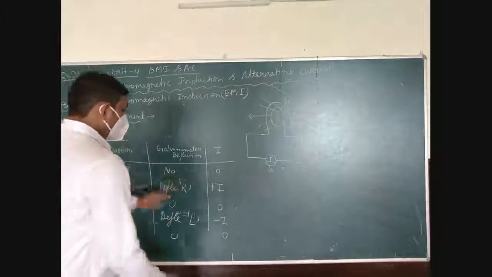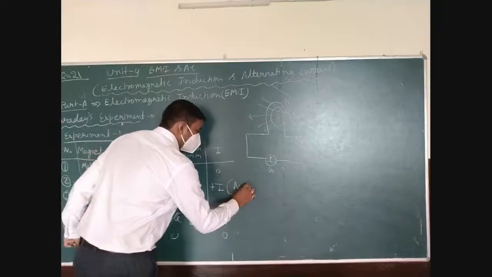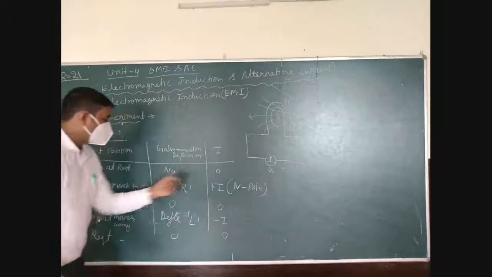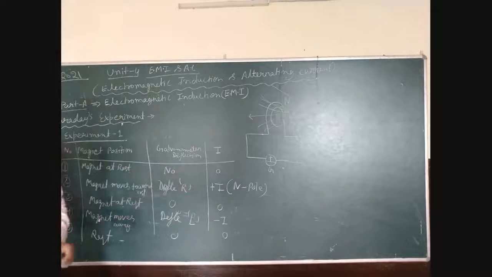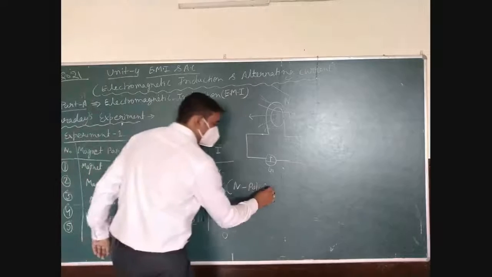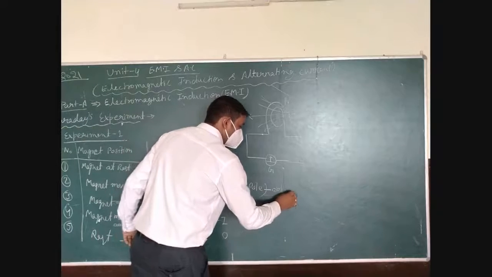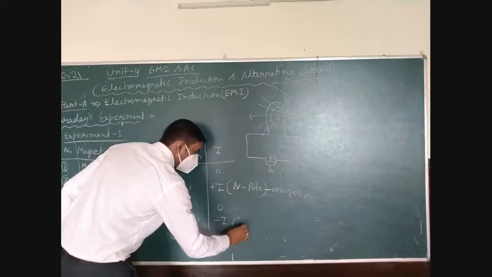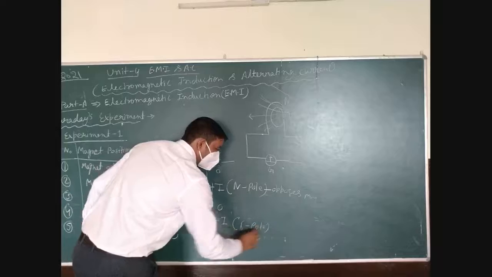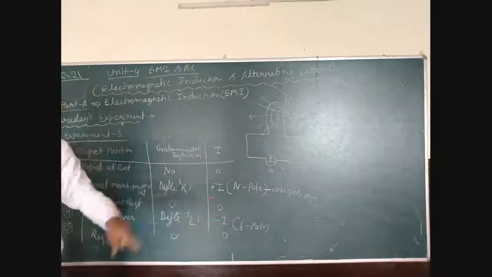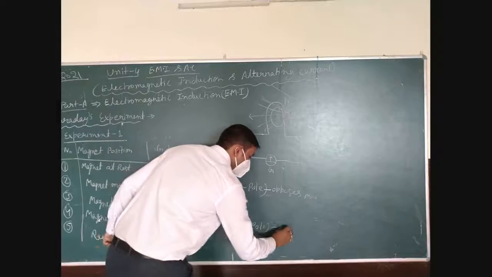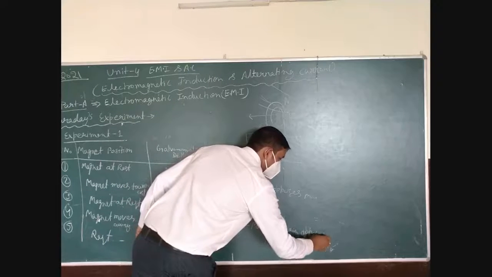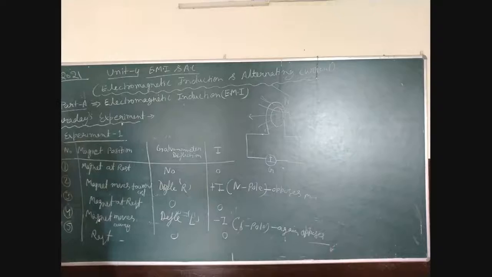So motion towards the coil creates north pole to oppose the motion, and for this case it is south pole to again oppose the motion, in both situations.